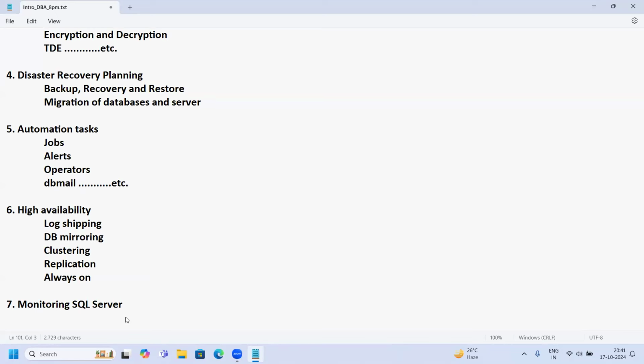So what do we do in this monitoring process?